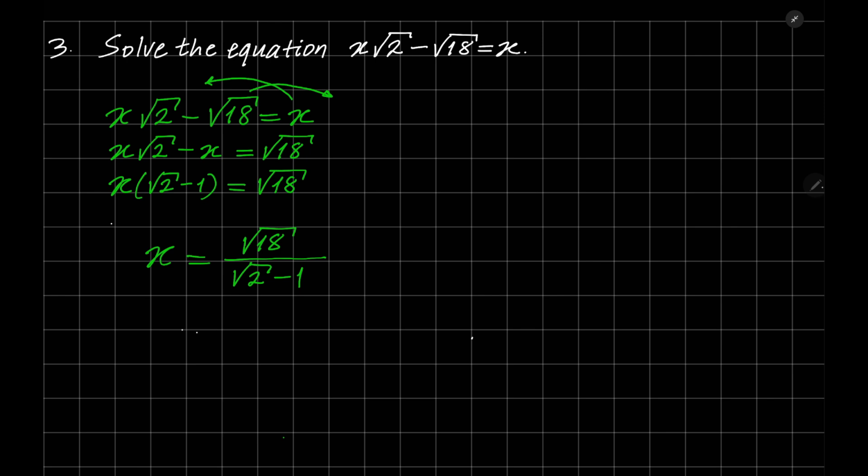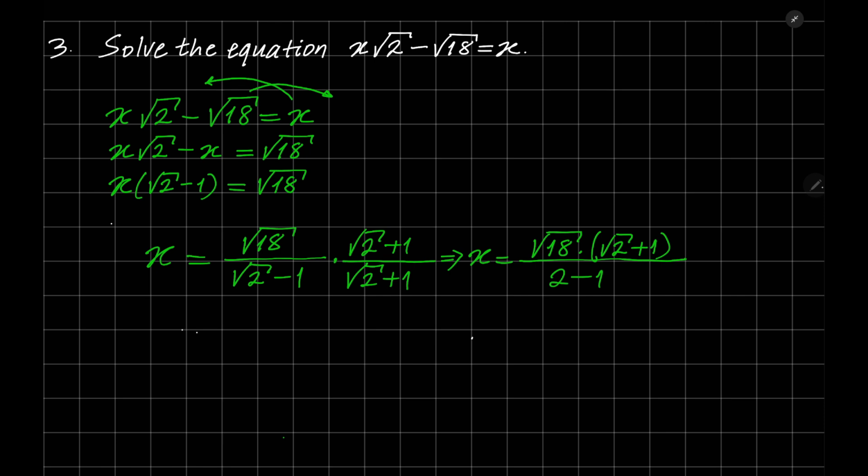Now let's multiply denominator and numerator by the conjugate of square root 2 minus 1, which is square root of 2 plus 1. That means x is equal to square root of 18 times square root of 2 plus 1 divided by 2 minus 1.